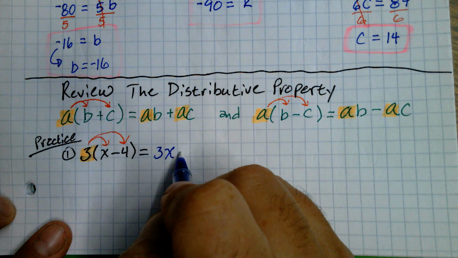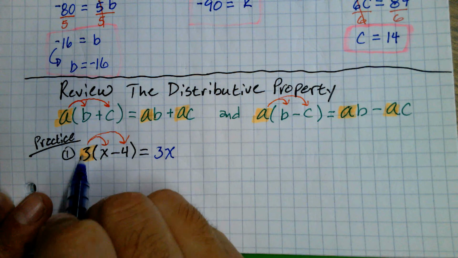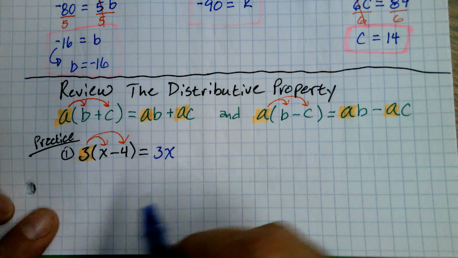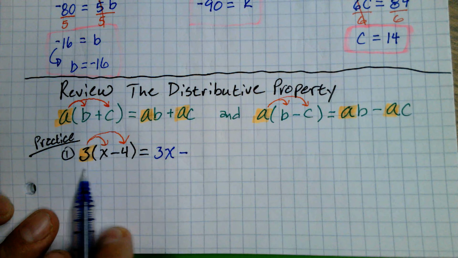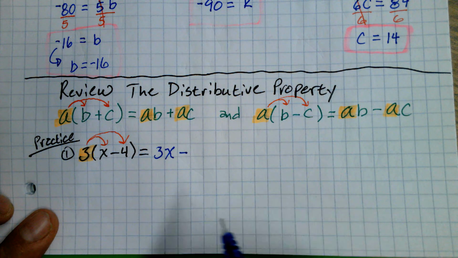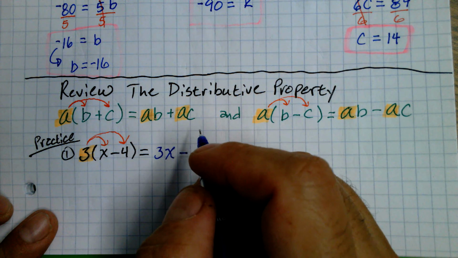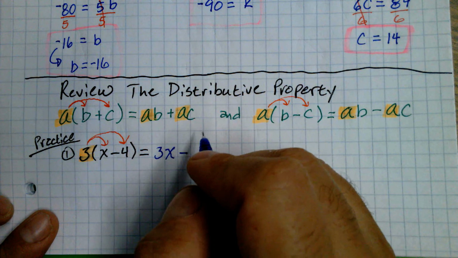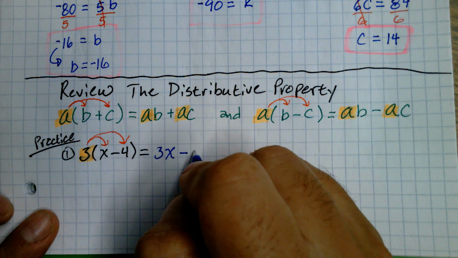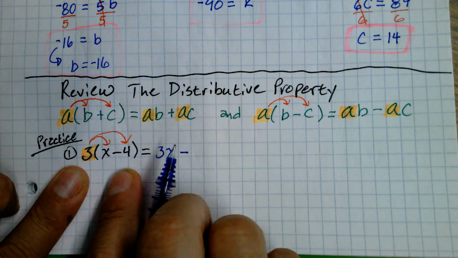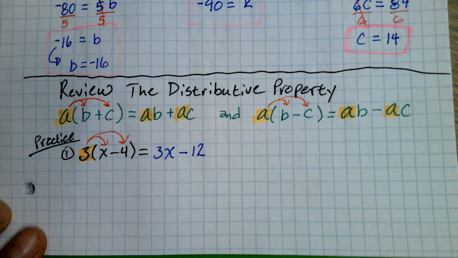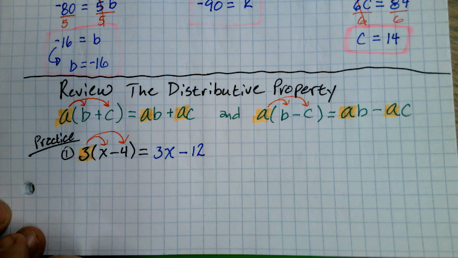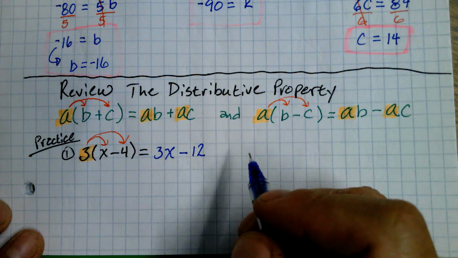Then we have a minus, and since this number is not negative, we don't have to worry about switching signs. It's just minus. Then 3 times 4 is 12. Okay. All right. Ladies in the back, need your work.